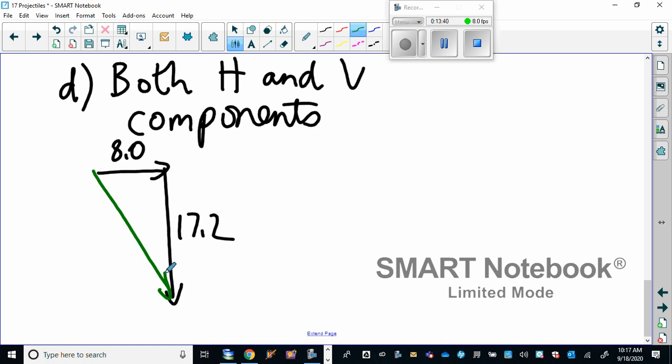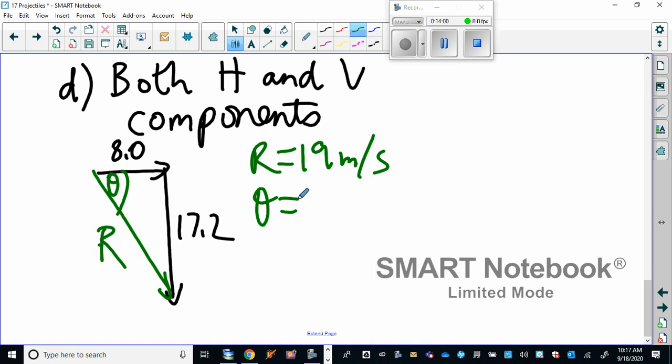Vectors are going to haunt you for the rest of your physics days. In a good way, good haunting. There it is. Solve for R, solve for theta, just like we've done in multiple vector problems. R turns out to be 19 meters per second. Theta turns out to be 65 degrees.